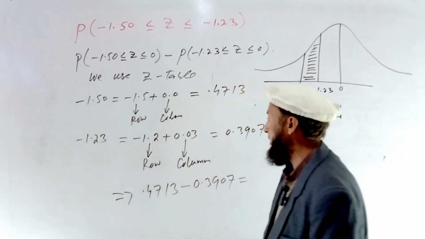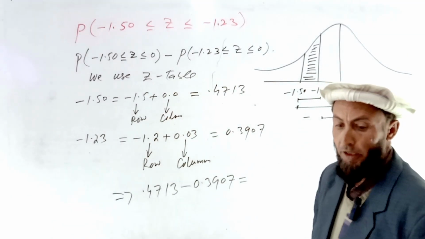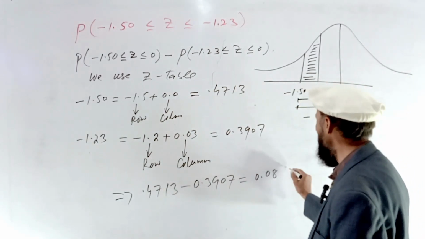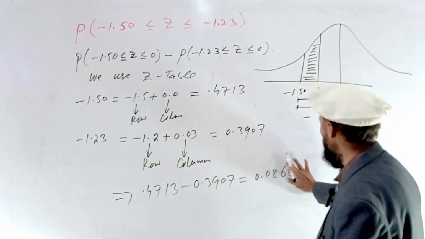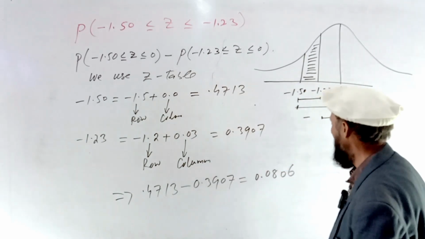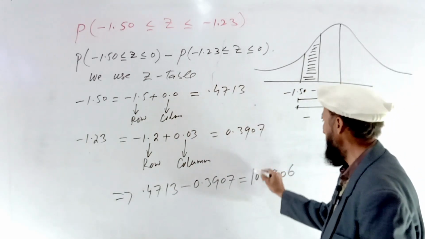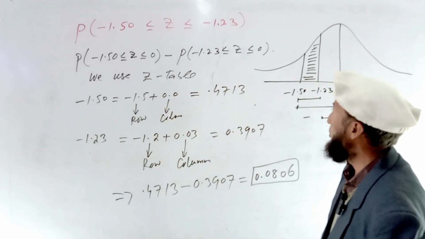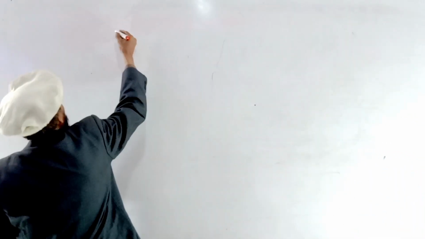These are the basic things if we are using a standardized normal variable. This is called probability. The result is 0.0806, which is the required result between two values of the z standardized normal variable.